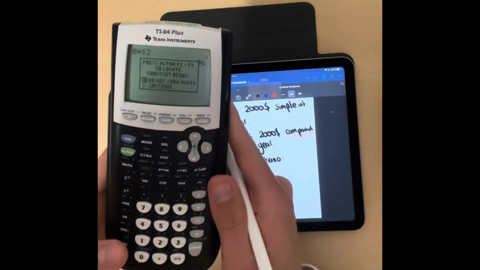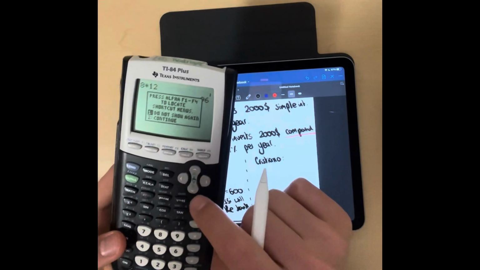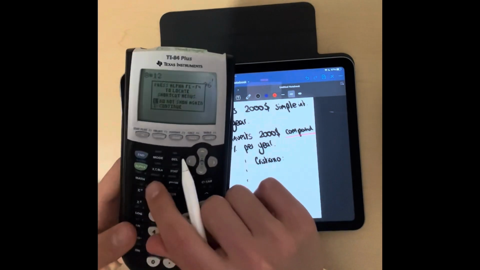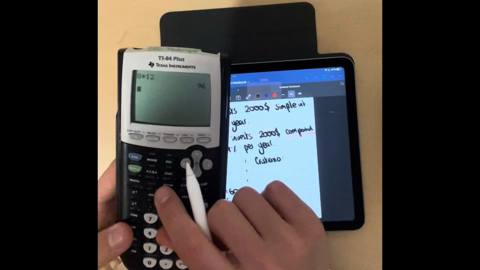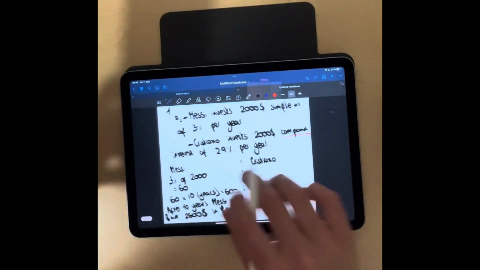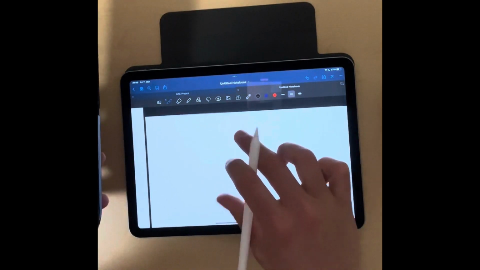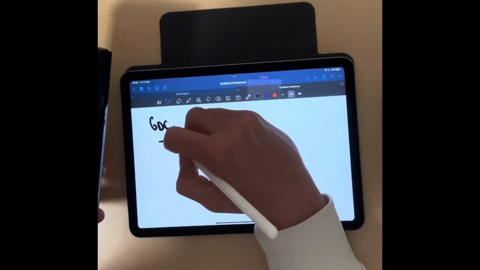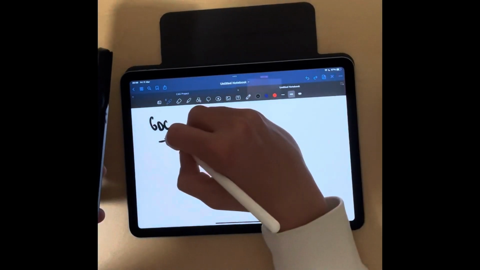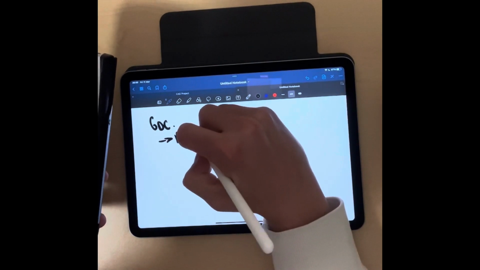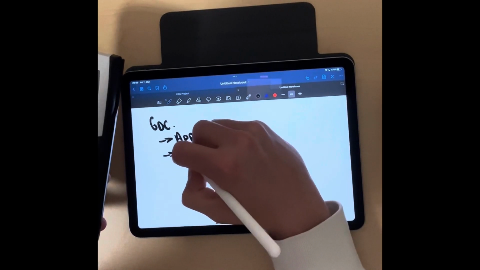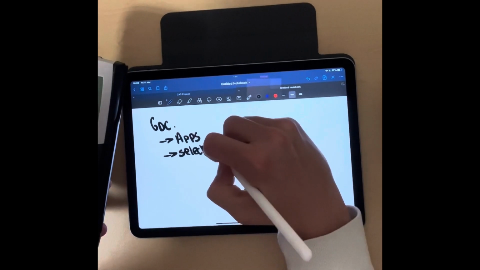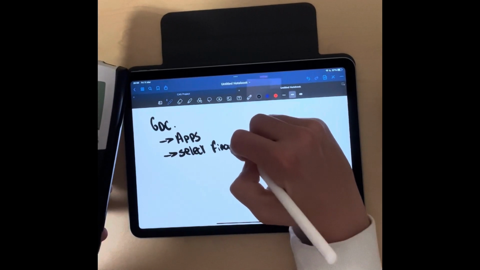You want to take the calculator, right? And you want to go to apps. So I'll actually create a new thing. So step 1, go to apps, and you want to select finance app.